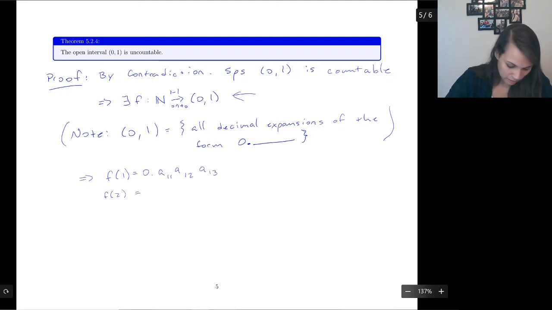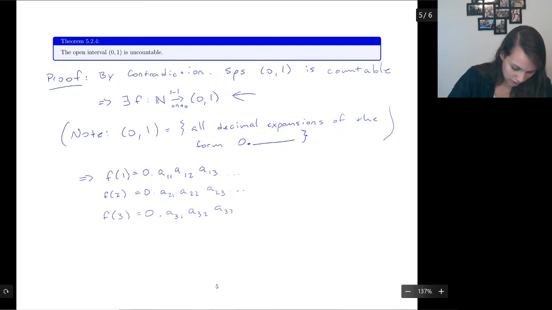And then I can do it again for f of 2. It is also going to have this format of 0 dot and some unknown digits. Then f of 3, 0 dot, a digit, another digit, another digit, digits that go forever.